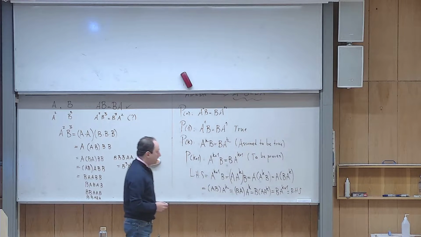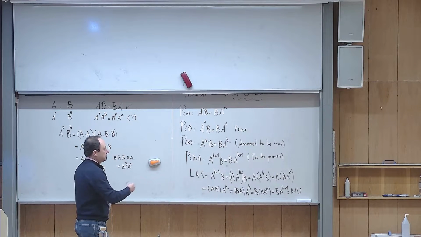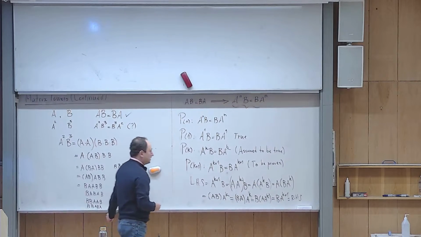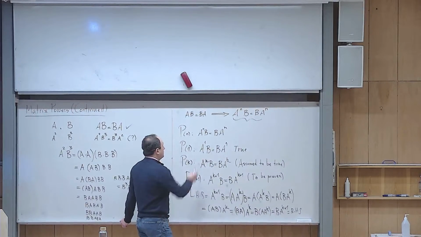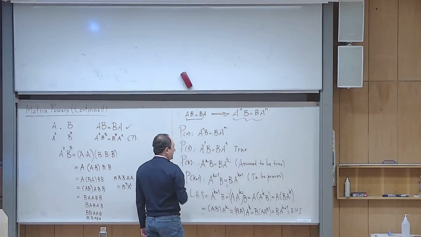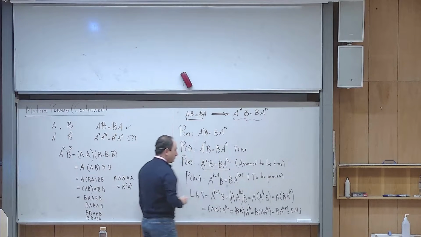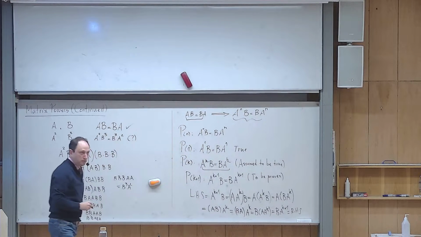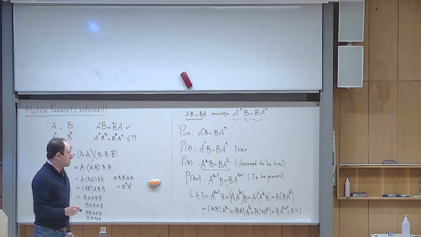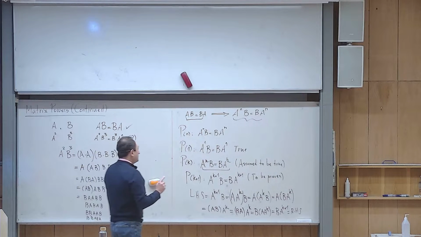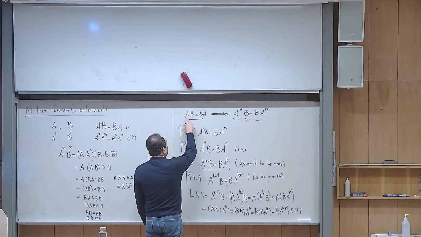So I was able to use mathematical induction with a few associativity properties, using my assumption at some point, to prove that the left-hand side is indeed equal to the right-hand side.